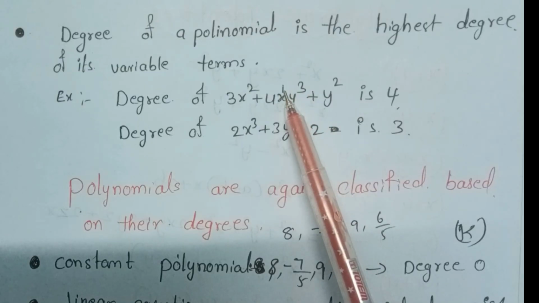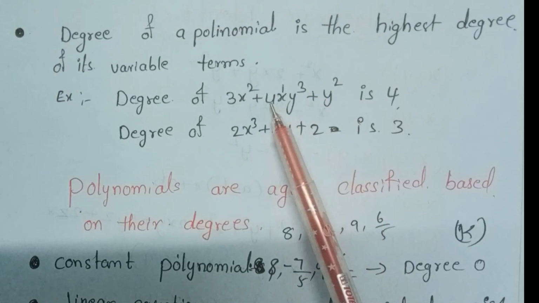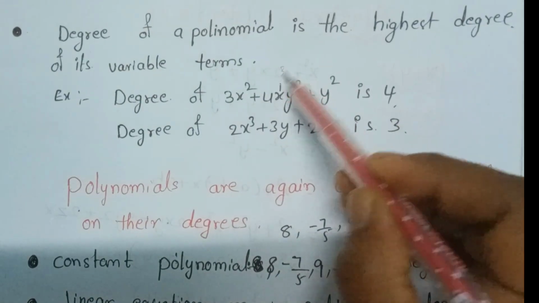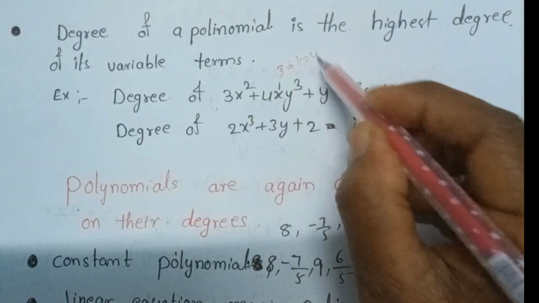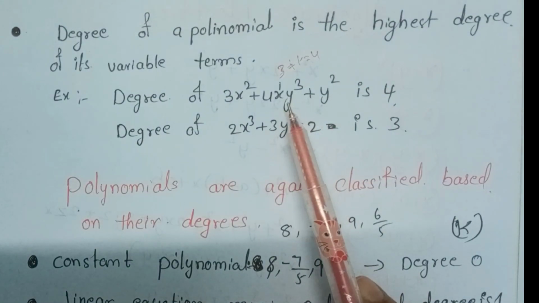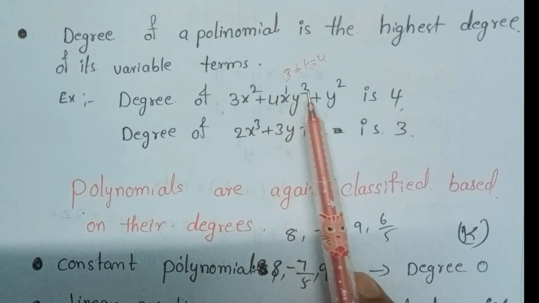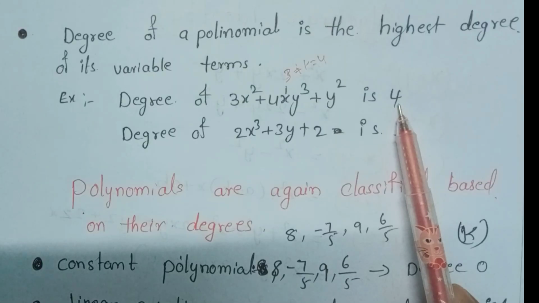Here 3 plus 1, power 4. This is power 2. What is the highest? This is the highest, 3 plus 1, 4. This is the highest power. So which term has the highest power, that is called degree.